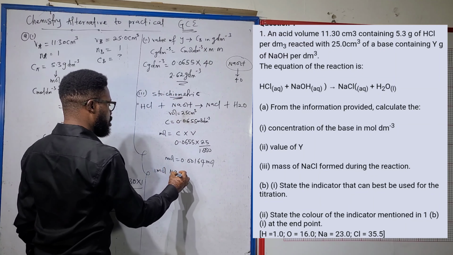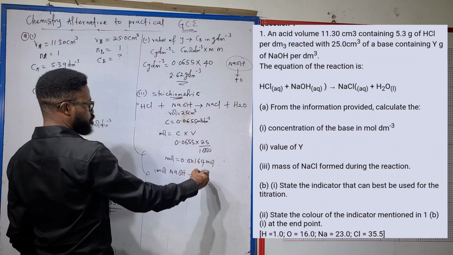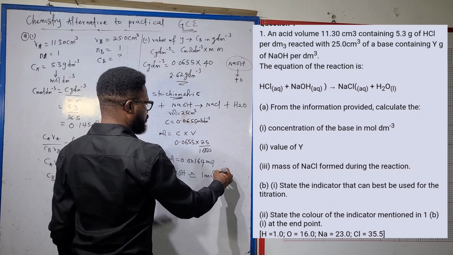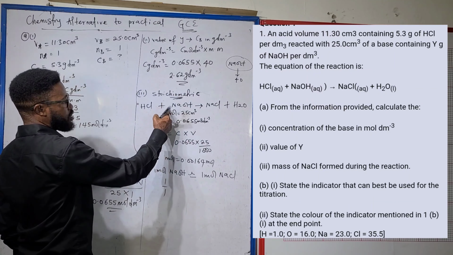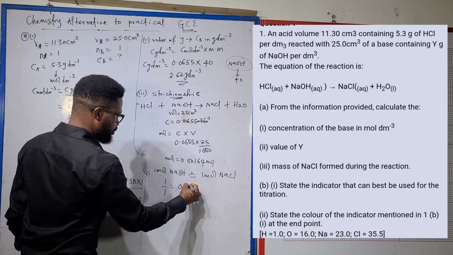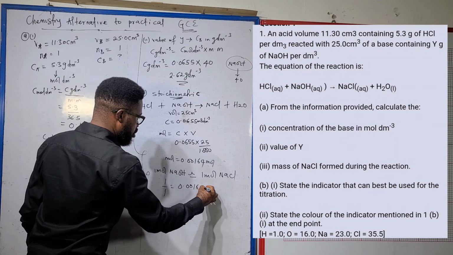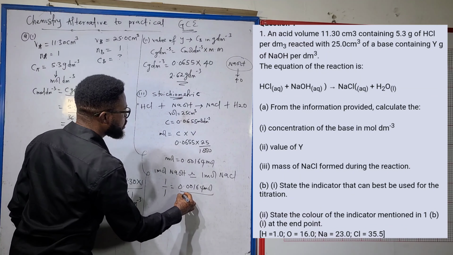The reason I said this is purely stoichiometric is that 1 mole of sodium hydroxide is equivalent stoichiometrically to 1 mole of sodium chloride. So 1 over 1, then 0.00164 mole of sodium hydroxide should give us what?